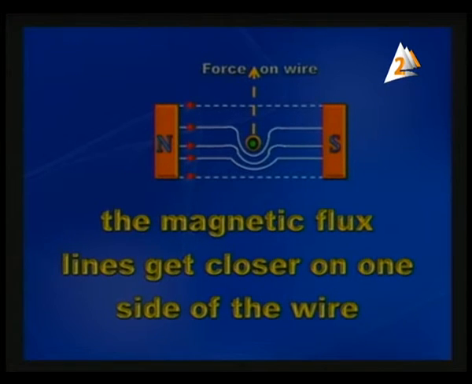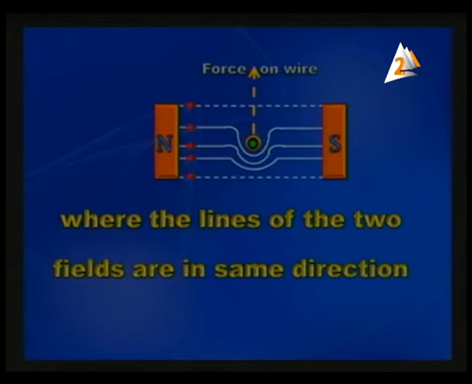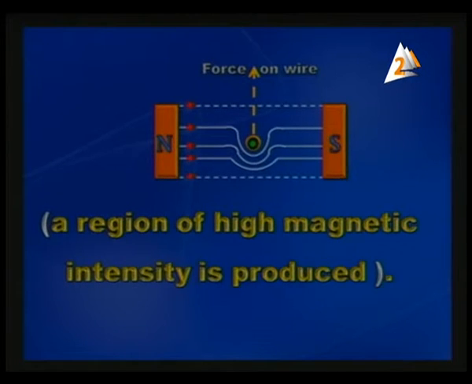Magnetic flux lines get closer on one side of the wire, where the lines of force, the lines of the magnetic flux of the two fields, are in the same direction. Density increases. Now we've got a region of high magnetic intensity. A region of high magnetic intensity is produced.